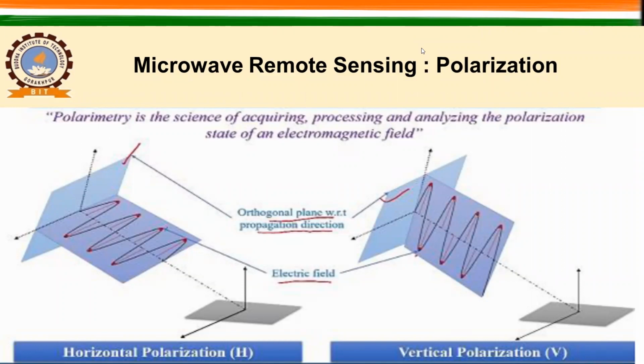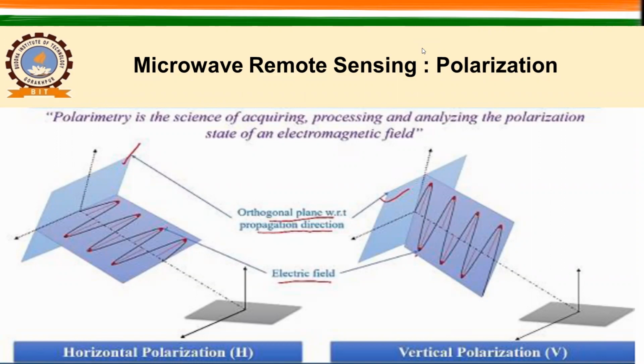Here you can understand how these electric fields are generated, and this is just for visualization. You can see this plane is an orthogonal plane with respect to the propagation direction.